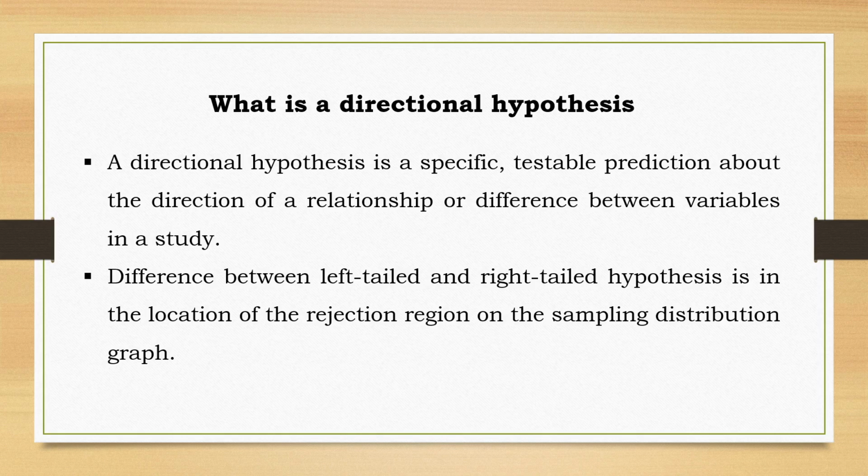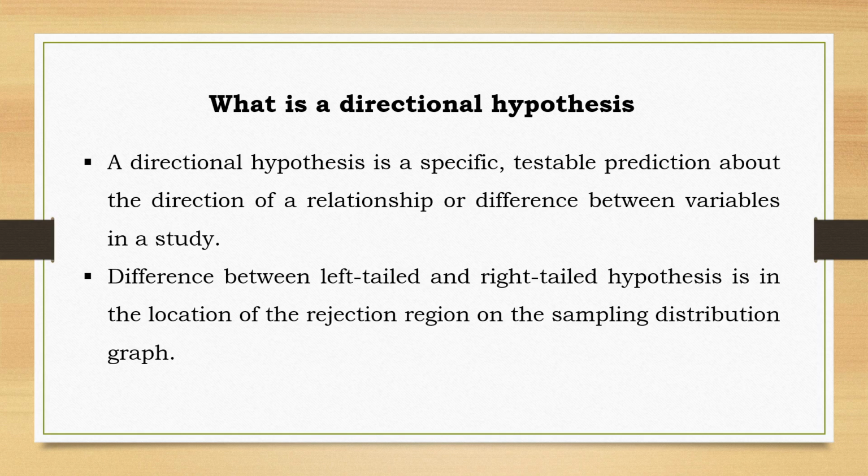The hypothesis predicts a specific direction by showing whether the independent variables will have a positive or negative effect on the dependent variables. It uses specific language or keywords such as increase, decrease, more, less, higher, or lower.